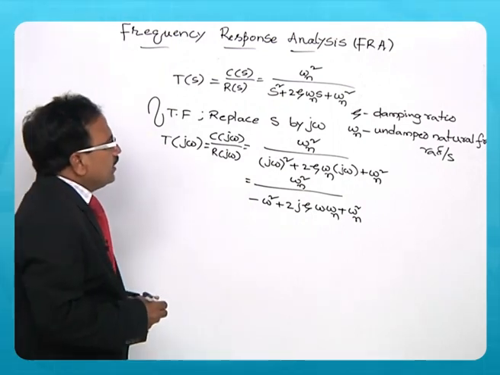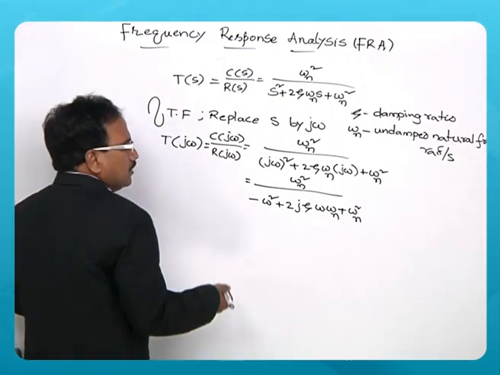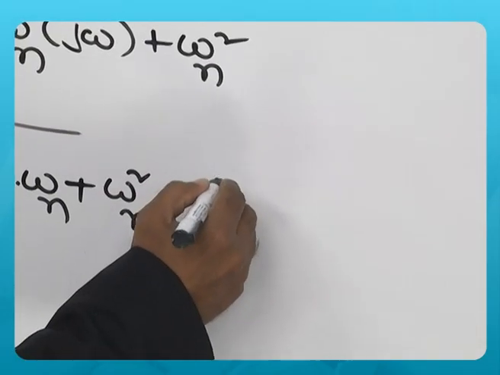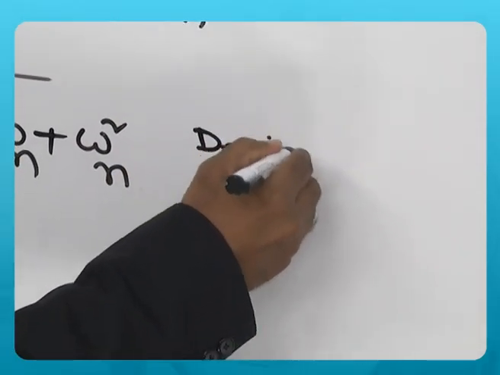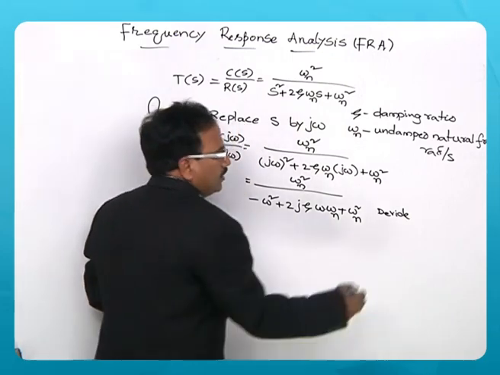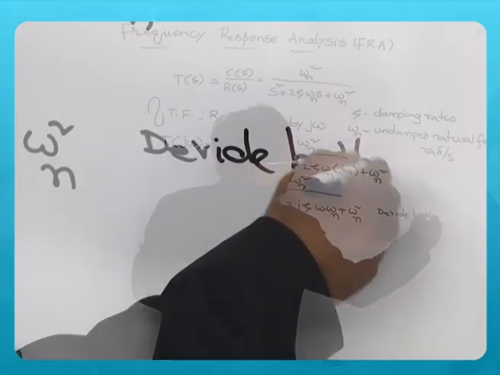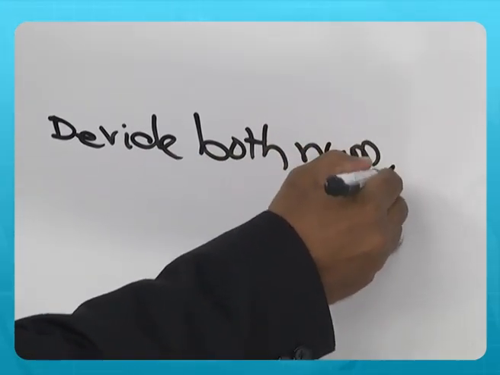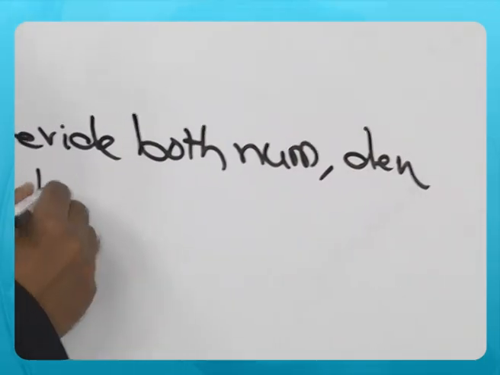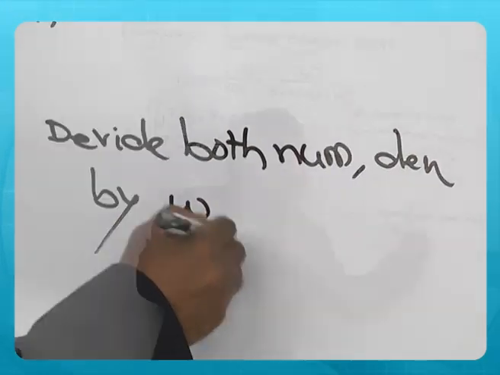Now, in this entire equation or transfer function, you divide both numerator and denominator by omega n square.